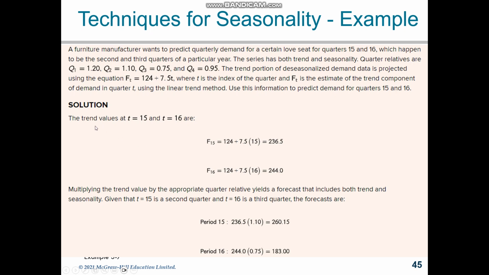So here the trend values at T equal to 15 and 16 are provided in these two equations. F15 will be equal to 263.5. We have used the line equation provided here. And for period 16, the 16th quarter, the demand is forecasted as 244. So now we have the forecasts and we need to apply the seasonal relatives to them.